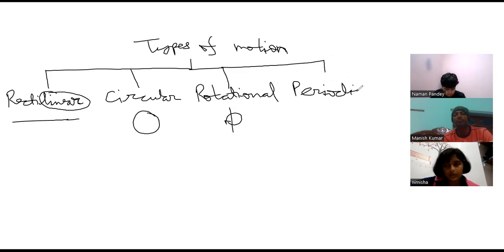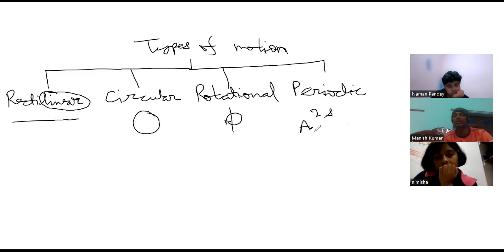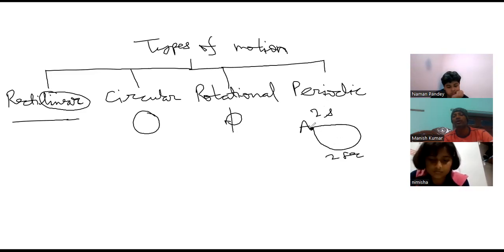Periodic motion means it repeats itself in a definite period. After each specific period, like every 2 seconds, it will come back to the same position. Like this is A, it moves somewhere and comes back to the same position in 2 seconds. Again it moves from here and comes back in 2 seconds only. It repeats the same position after a definite period of time. That is called periodic motion.